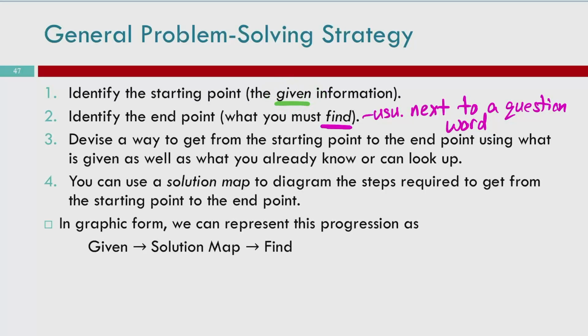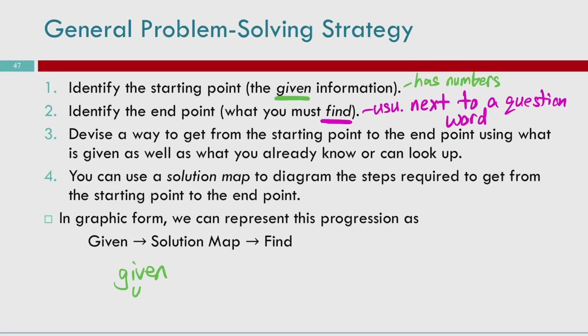And then the given information is usually going to have numbers. So we'll have some numbers, that's given information. We'll have something like a unit that's next to a question word. That's what we're looking for, that's our find. And then we devise our solution map. So we'll have some given unit.